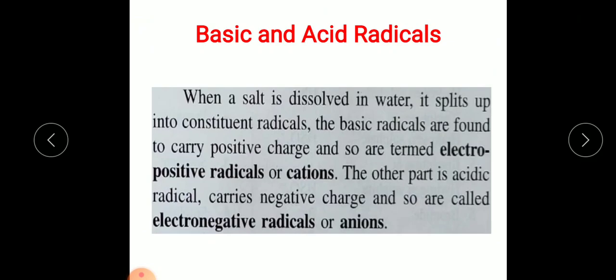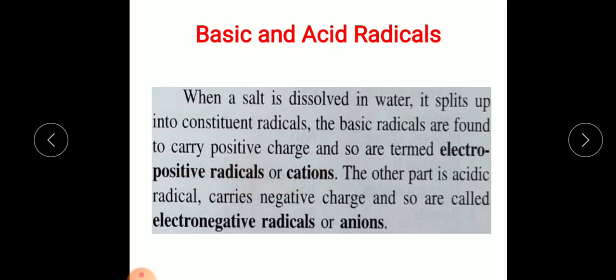disturbances. Next we have basic and acid radical. Just now we discussed it from the neutralization reaction. When a salt is dissolved in water, it splits up into constituent radicals. The basic radicals carry positive charge and so are termed electropositive radicals or cations.